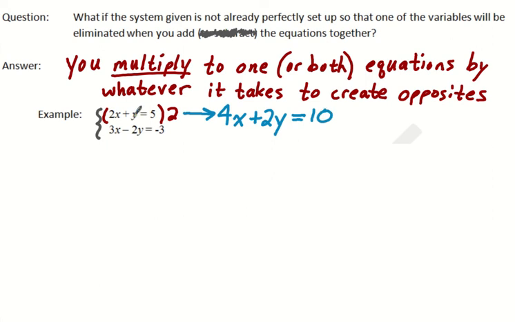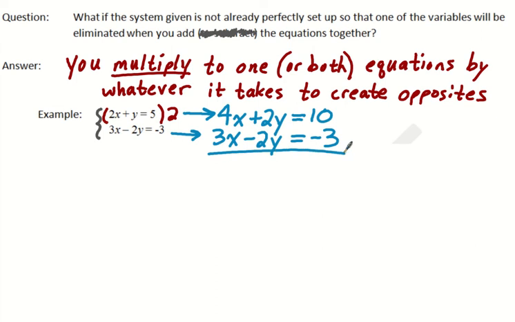I know we're focused mostly on making this the opposite of that, like making this into a positive 2y, but we have to multiply the entire equation by 2 to keep it basically the same equation and keep it all legal. Now, do I need to even change this equation? The answer is no. So this is going to remain 3x minus 2y equals negative 3.